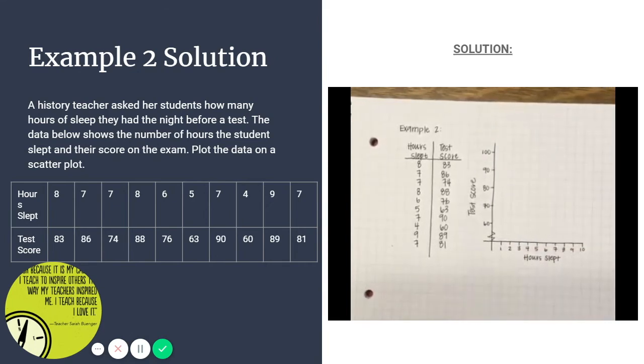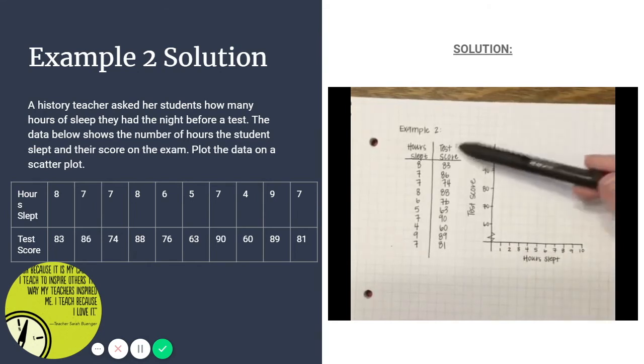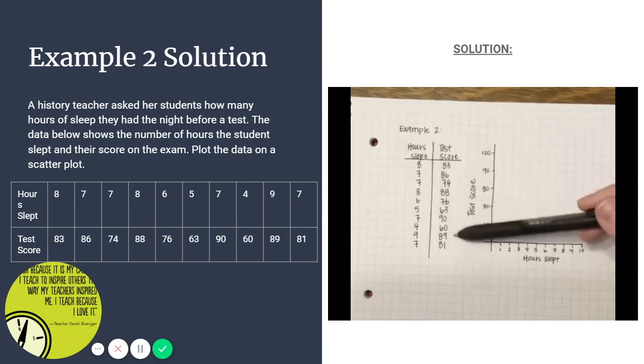My x-axis is the number of hours slept. My y-axis is the test score. Even though nobody slept 1, 2, or 3 hours, I went ahead and put that in there just so that you can see that there, because my range for my x-axis was not very big. If you look at your test scores, it ranges from a 60 all the way up to a 90.